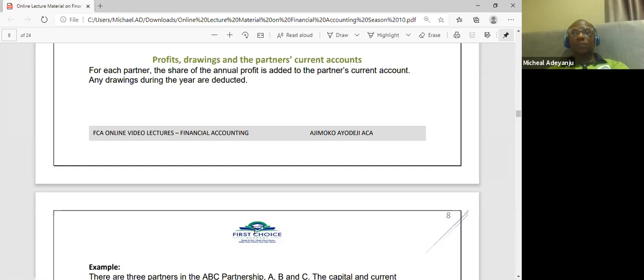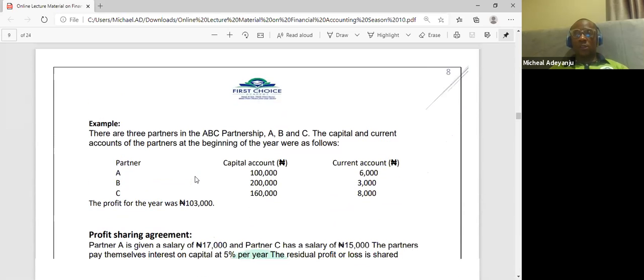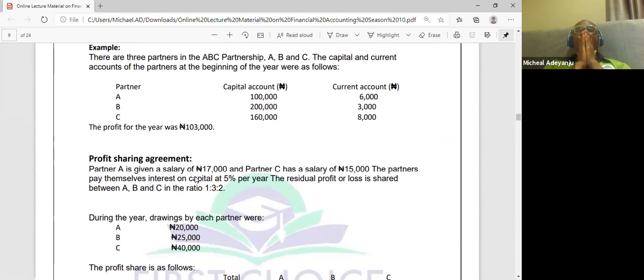And for the profit each year, for each partner, the share of the annual profit is added to the partner's current account, and any drawing is also deducted from this current account itself. So let's look at the example.